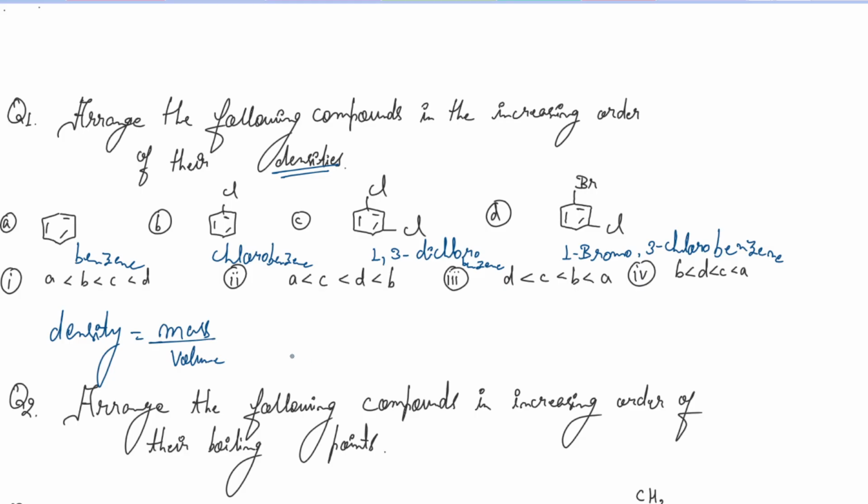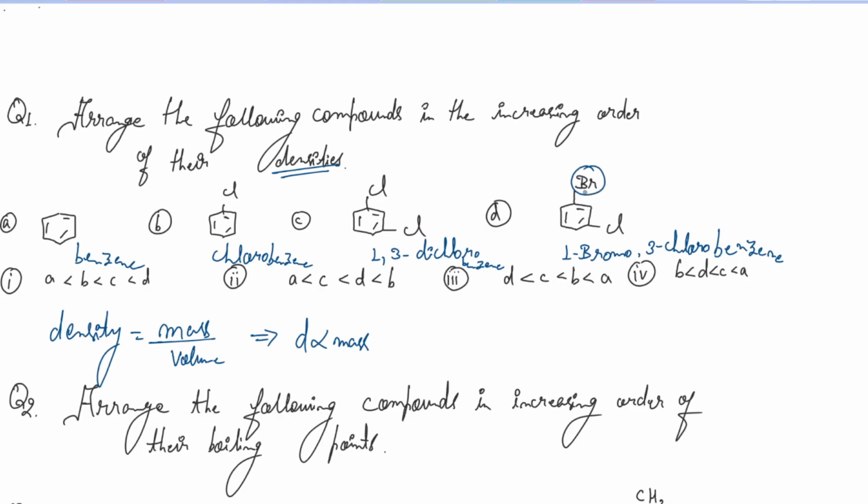So you can say that the density is directly proportional to the mass. If you compare the mass of these four different organic compounds, you can expect that the more the groups, the more will be the mass.